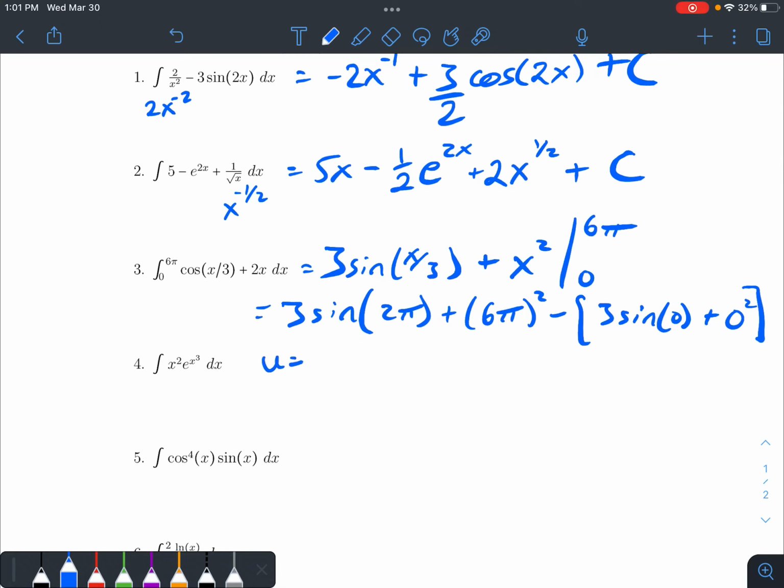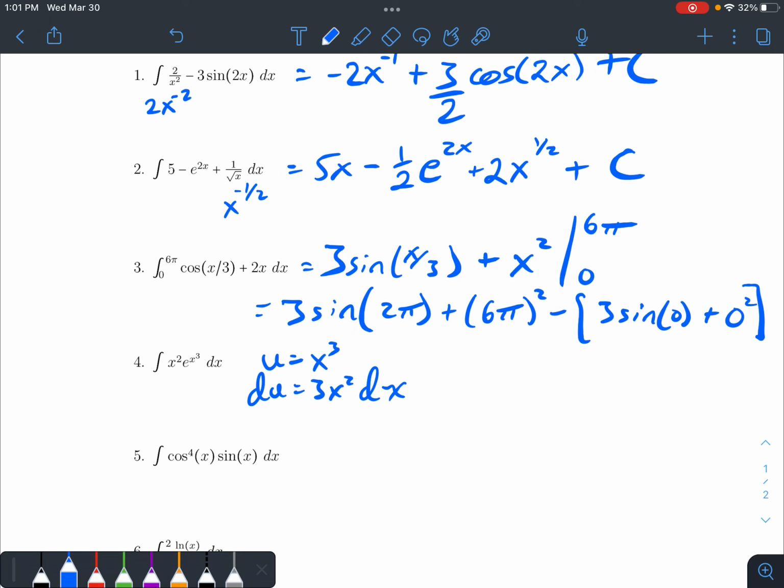So for our u substitution, you look for a good choice of an inside variable. A good choice here would be u equals x cubed, and then du is the derivative of x cubed, which is 3x squared, and then by the chain rule times the derivative of x, which is just dx. Okay, so x squared e to the x cubed dx.